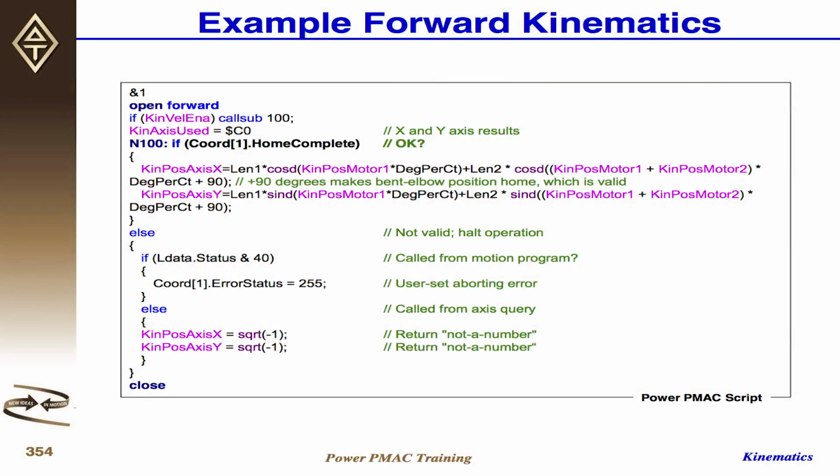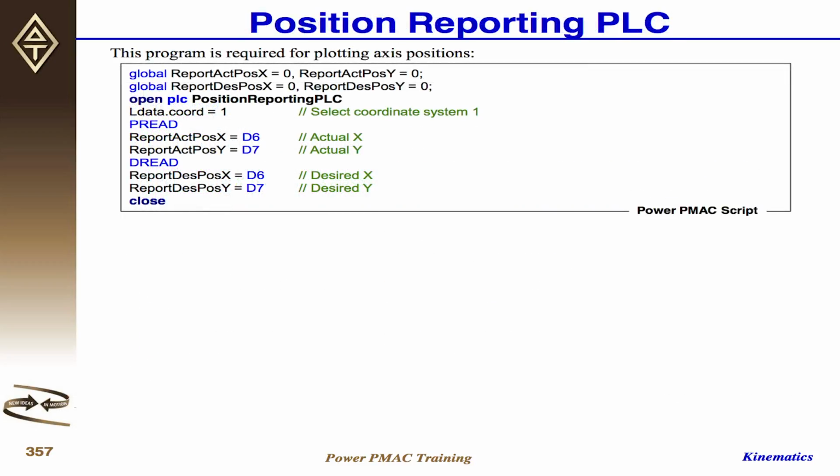Okay, let's try this. Before that, position report. This is usually for the HMI. Like I want to move my robot, but I really want to know where it is right now instead of just online query at the same time. Then this is the PLC that we use.